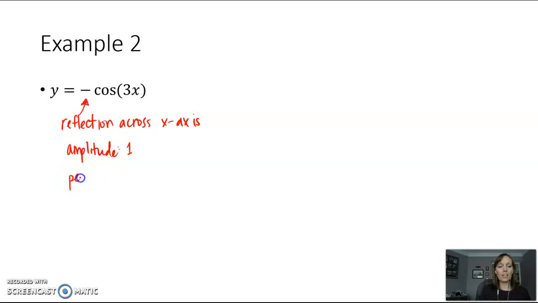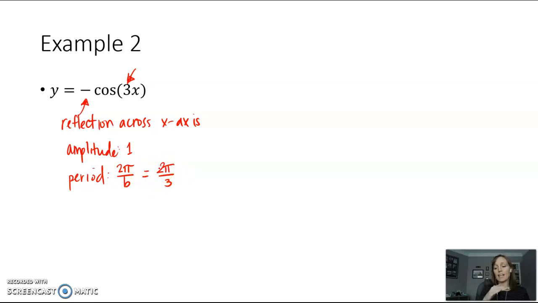Okay, now the period here, here's an example where the period changes because we can see that x is being multiplied by a value. And so the period, we always calculate using the expression 2 pi over b, where b is that number that's being multiplied. So now my period for this graph is going to be 2 pi over 3.